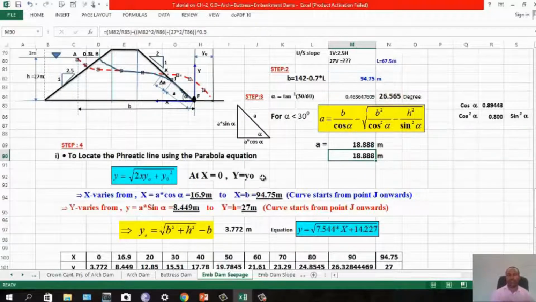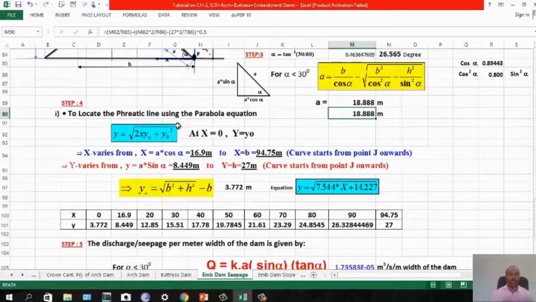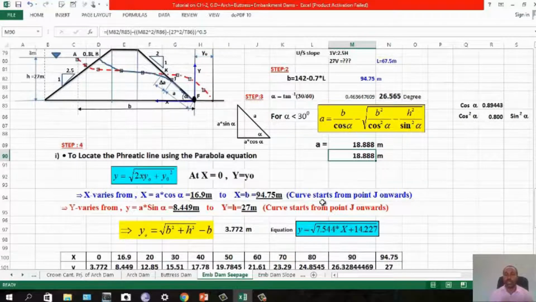Once you get this, 18.88, then step 4, you go to locate the phreatic line using the parabola equation. y is equal to square root of 2x y naught plus y naught square. At x equal to 0, y will be y naught. So x varies from a cos alpha, which is 16.9, up to x equal to the b distance. This means the curve starts onwards.